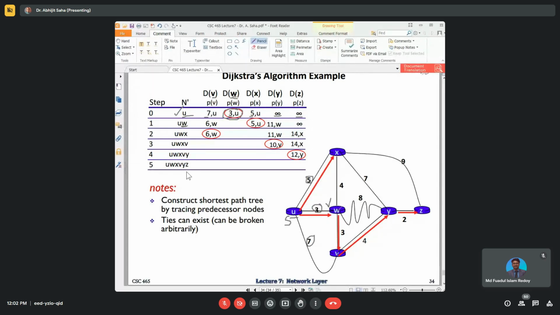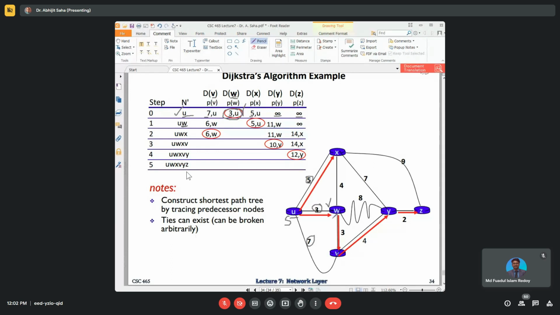So from this node now we are going to start the search. You have to understand one more thing here: it is fixed. That means I have taken u to W, and this is my least cost path, 3. I cannot get a lower cost path than this, because I have taken it as my next node.